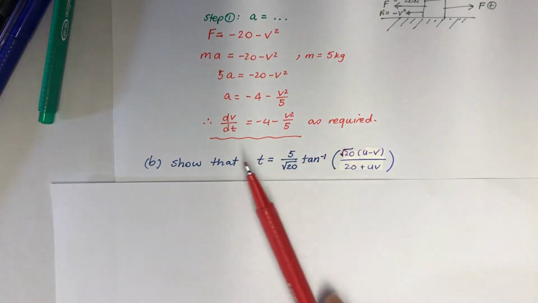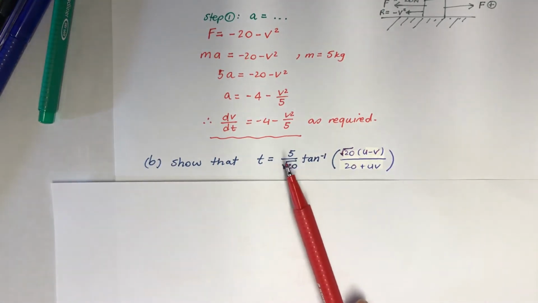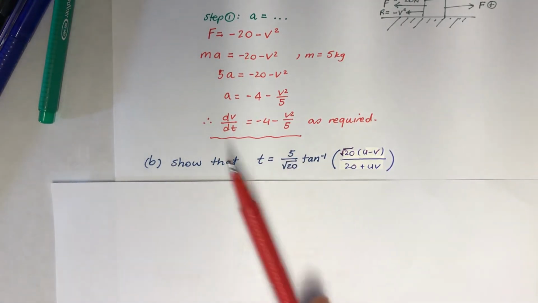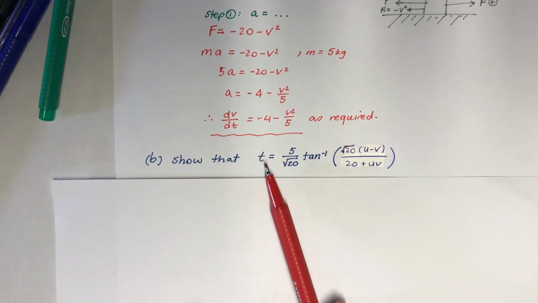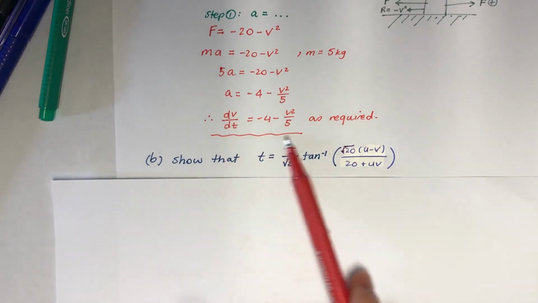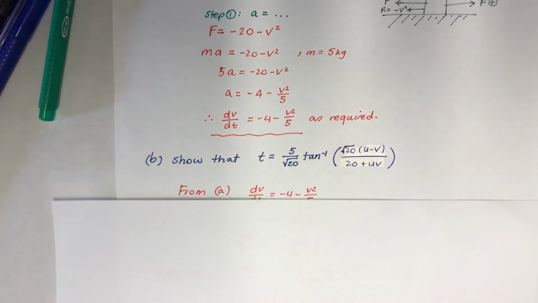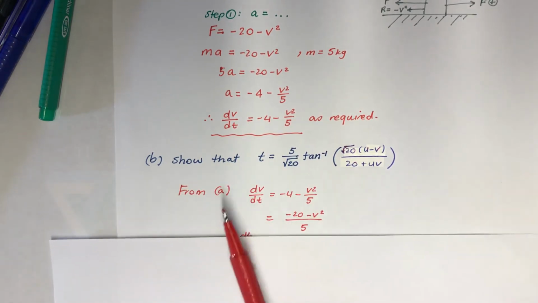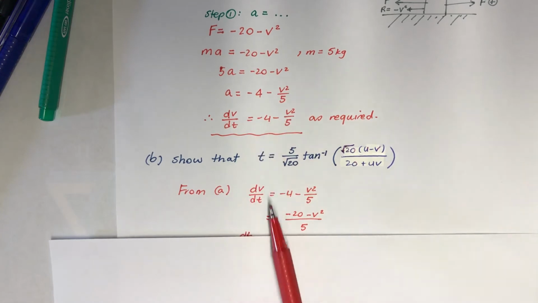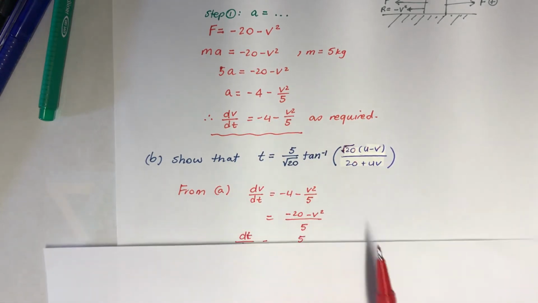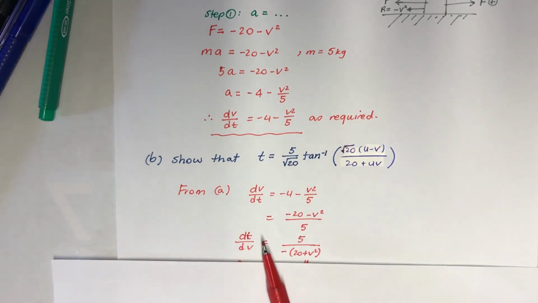And now this time I need to show that t equals the time. Okay, so you can see we have to use t, so we need to use this because that's a dv dt here. So let's have a look. From part a here, we got this. I've got dt over dv.